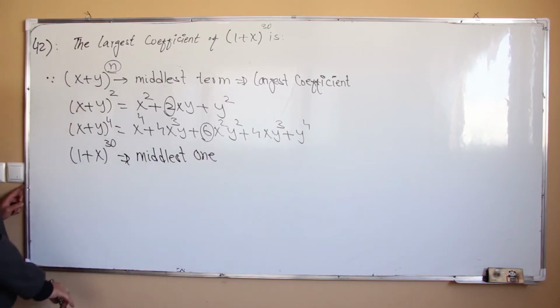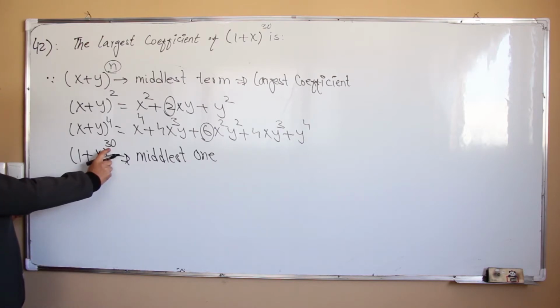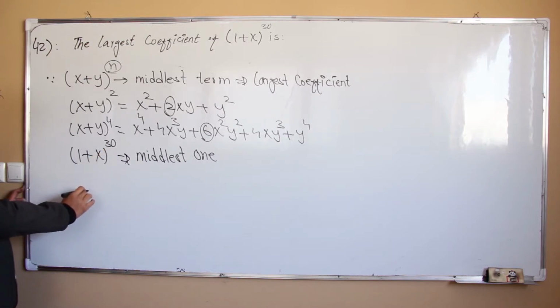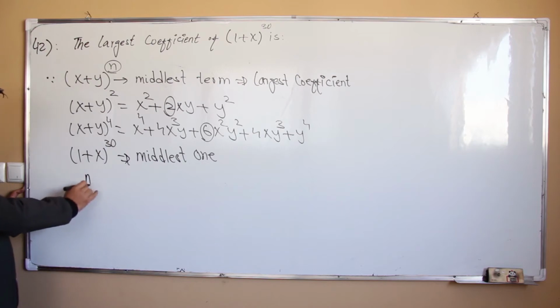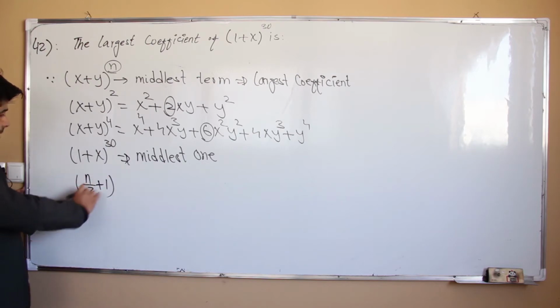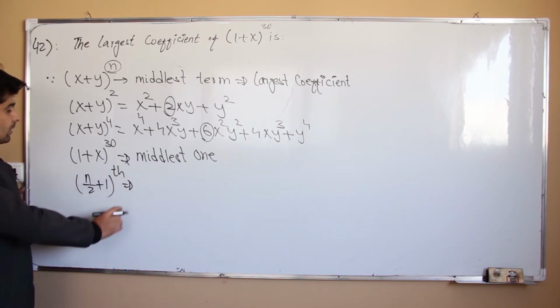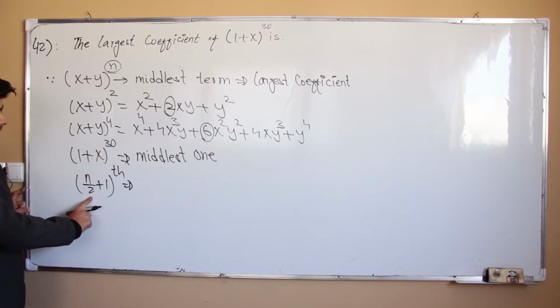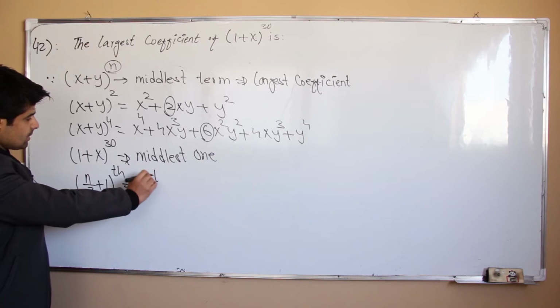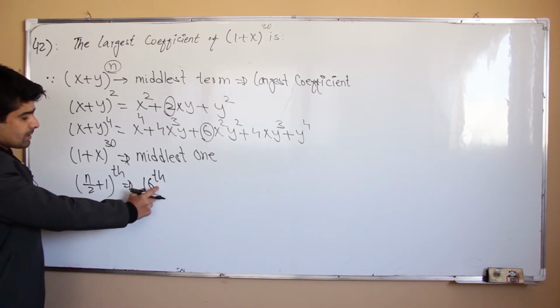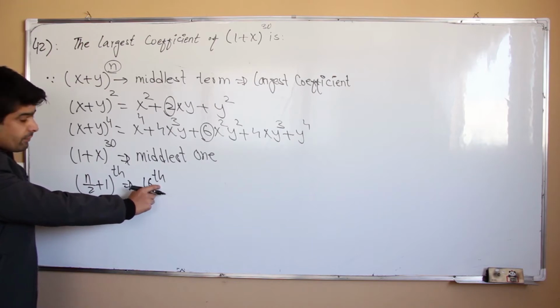Now, what is the middle term? 30 is an even number, so the middle term is the n divided by 2 plus 1 term. So in here the power is 30, 30 divided by 2 is 15, plus 1 it's the 16th term. That is the middle term, and it has the largest coefficient.